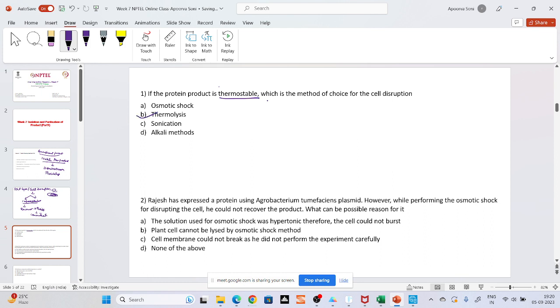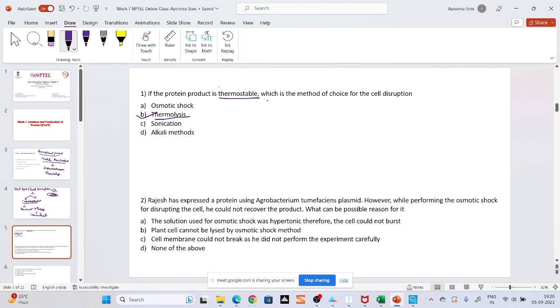Yes, thermolysis. As the name suggests, lysis means lysing, thermo means with the help of heat. So you are lysing the cell with the help of heat. But you can only use this method if the product is thermostable, otherwise your product may get denatured or damaged.